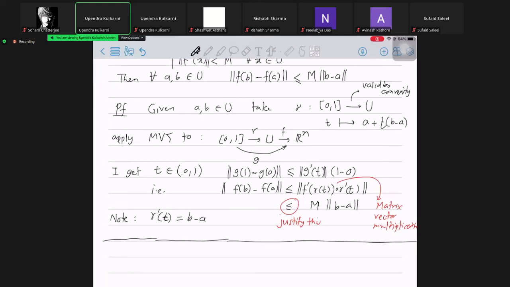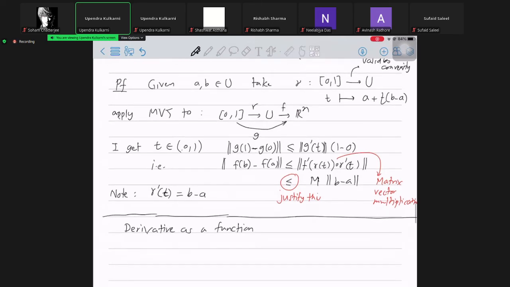So far, here is the thing. I mean, a derivative as a function. That's a very misleading thing, because the derivative is a function, right?